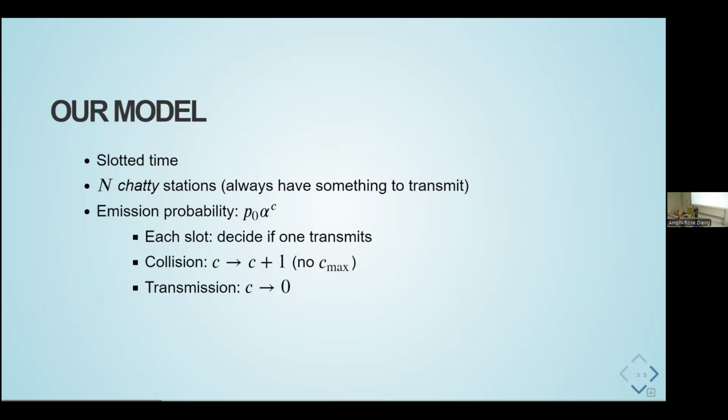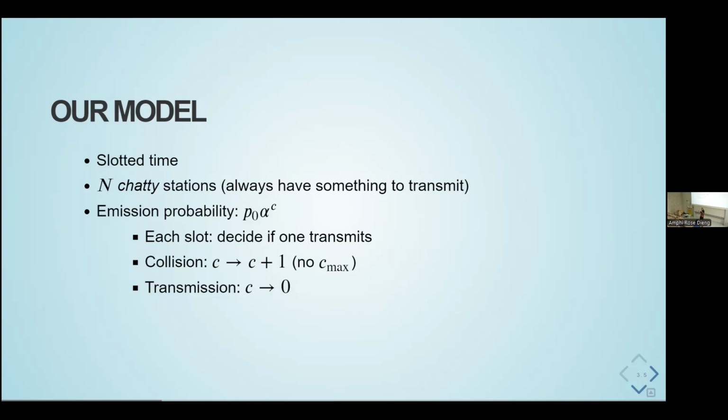And instead of contention window, we use a notion of emission probability, where at each slot, you decide to transmit or not with a probability P0 alpha to the power of C. We do that because when you've got a contention window, you need to take into account the current window size and which values inside the window you choose. So two parameters, a larger state space to consider.